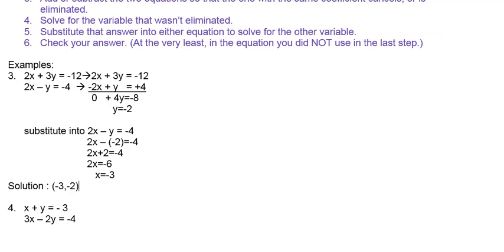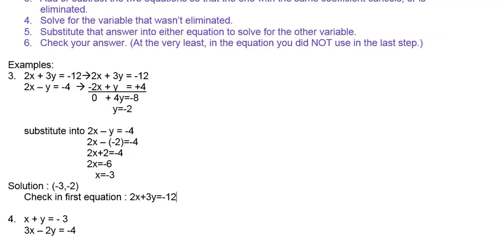So like with our other algebraic method where we were using substitution, we should check the answer in at least the equation we didn't finish off with. So since I finished off with the second equation, I'm going to check in the first. So we get 2, actually let's write the whole equation, 2x plus 3y equals negative 12, so plugging our values in, we get 2 times minus 3 plus 3 times minus 2.